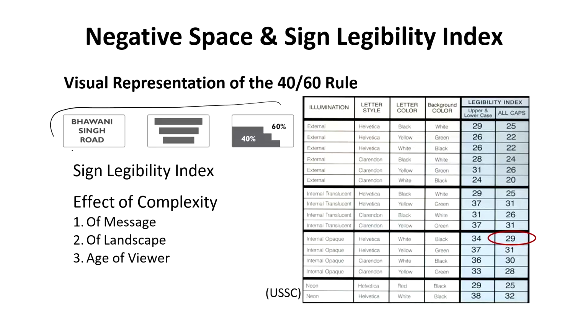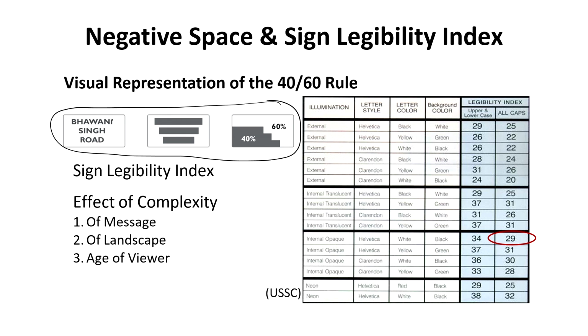You can see the three images over here. Consider this as one of the signages. The 60-40 rule says that the copy area, which includes the text, symbols, etc., should take up 40% of the sign, and about 60% of the sign should be empty space.